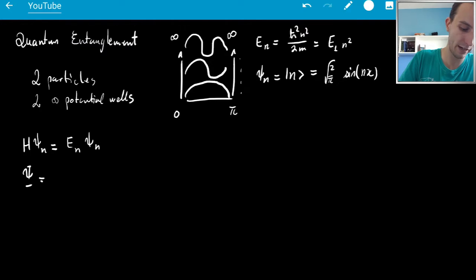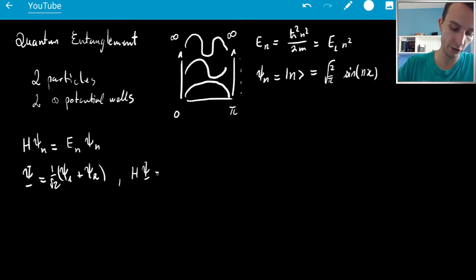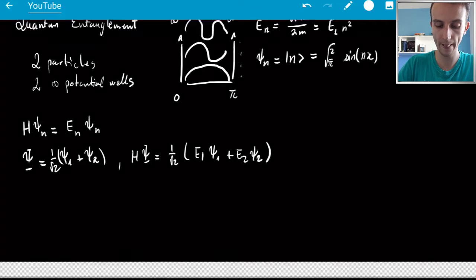And if we had psi, a combination of these, so for example psi 1 and psi 2, and we have to normalize because the square of the amplitude has to be 1, then h psi would give us 1 over square root 2, E1 psi 1 plus E2 psi 2.